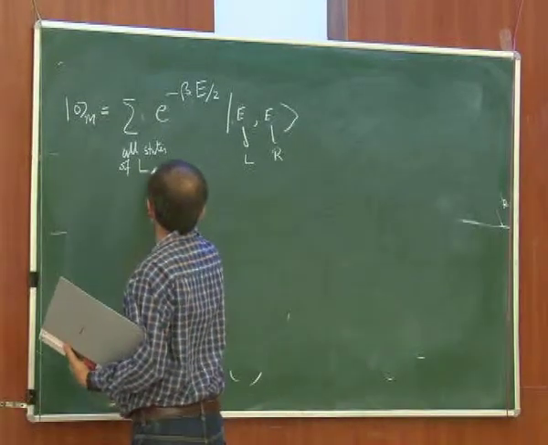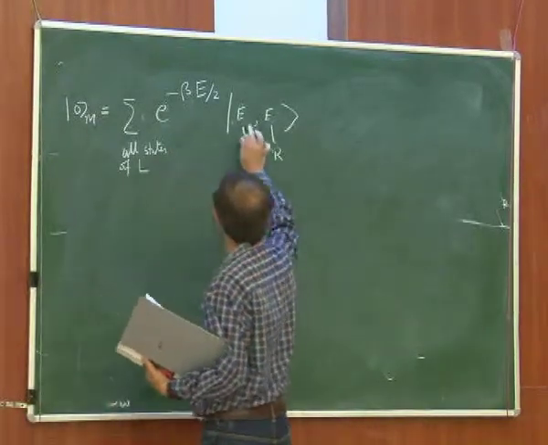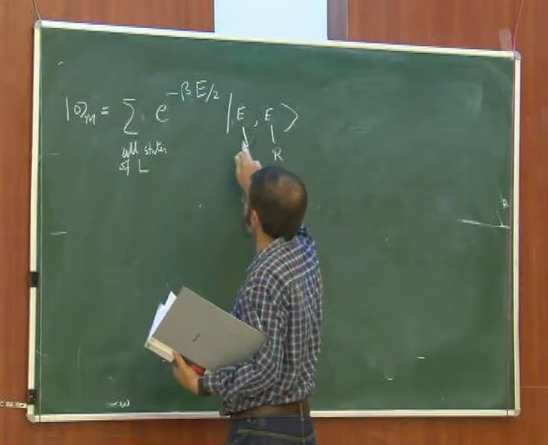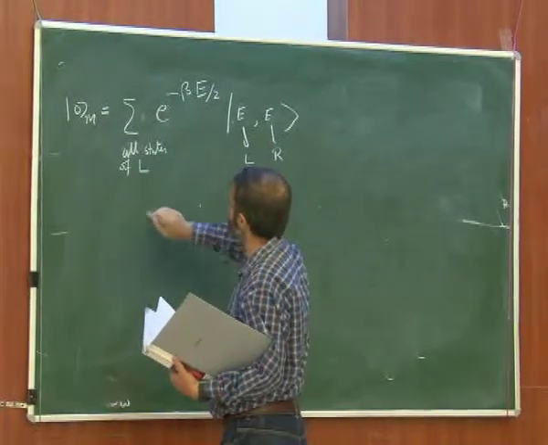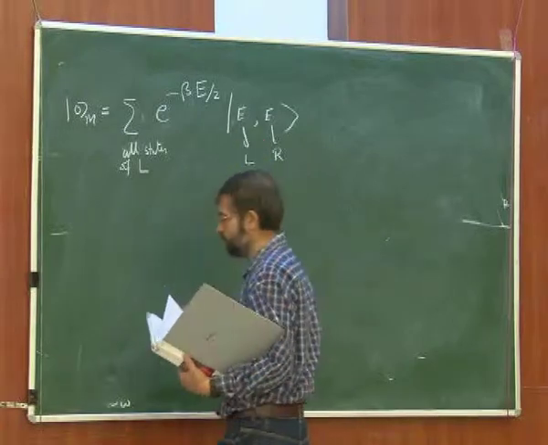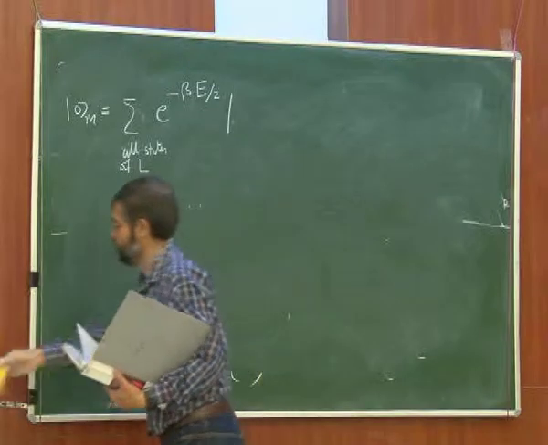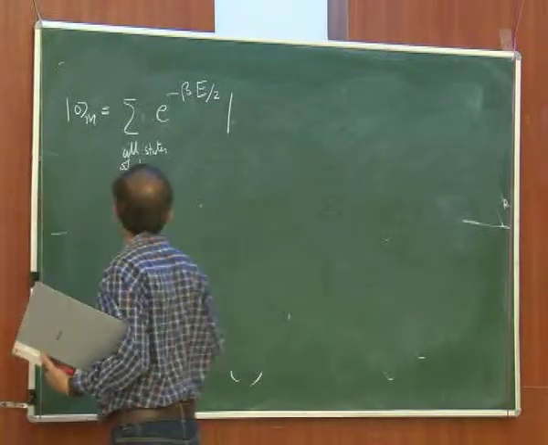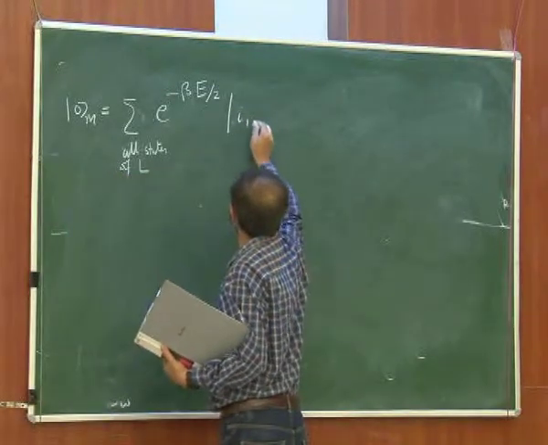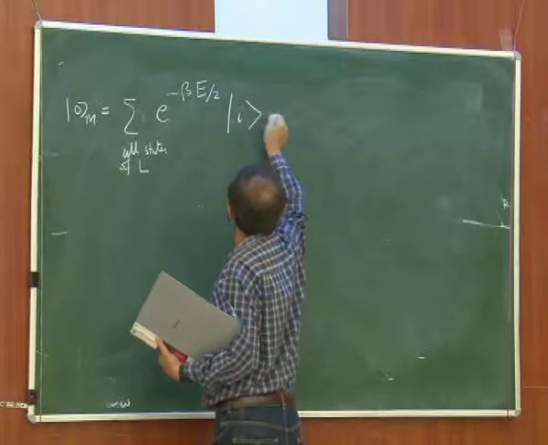These are all states of L and R. These are all states of L, and, let me write it slightly better, this is an entangled pair of states.